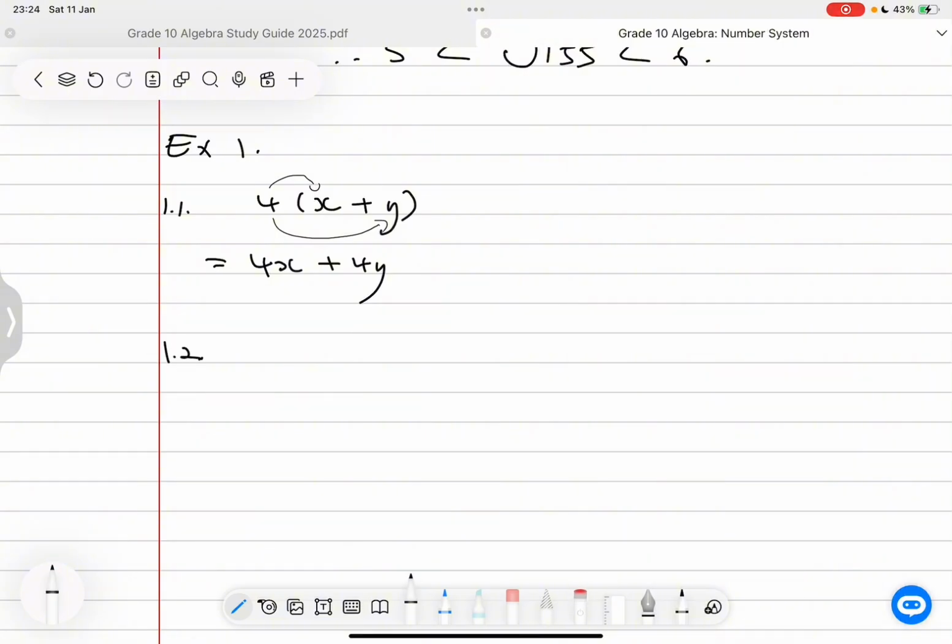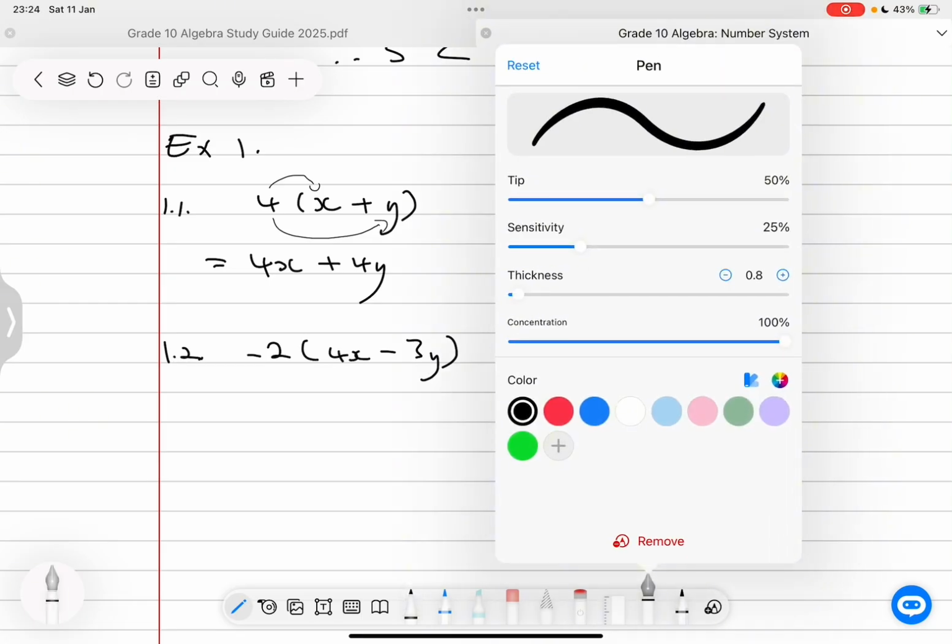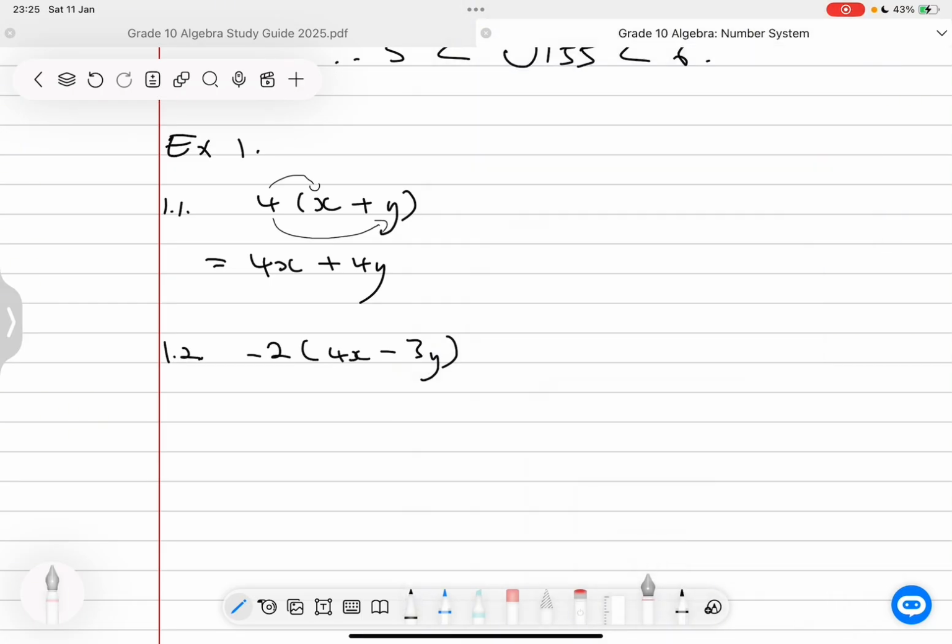1.2, we have negative 2, 4x minus 3y. The same rule says here to us that we must distribute the negative 2 to the 4x, right?